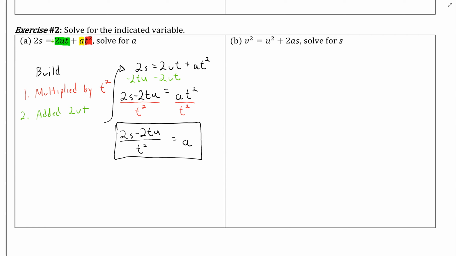Okay, so first step, highlight the subject of interest, which is s. And with that, we can then write out the build order. So think about what has happened to s. First of all, the 2 and the a right next to it means that the problem has been multiplied by 2a.